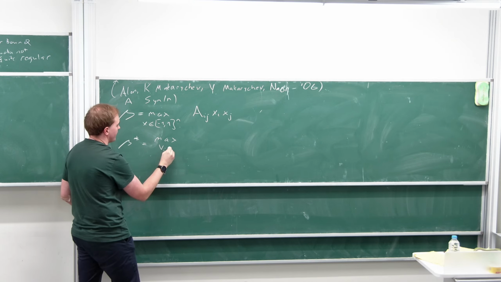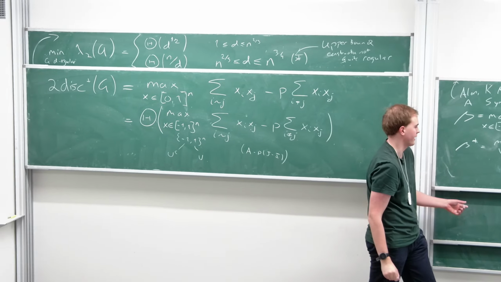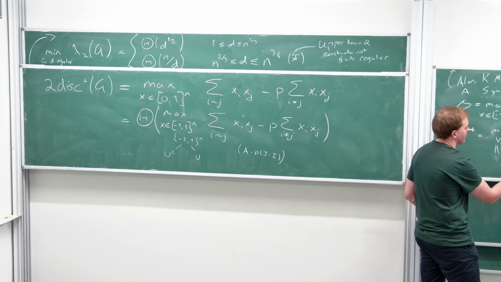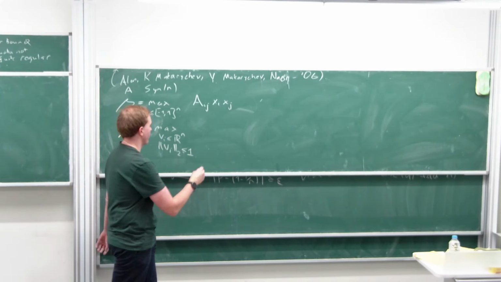So we pick a vector to represent each x_i, which has L2 norm at most 1, and the products x_i x_j are replaced with inner products.